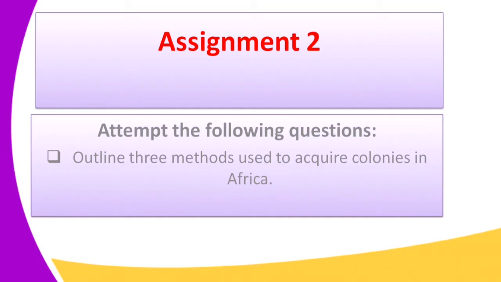We have in Tanganyika, resistance against the Germans, that is the Maji Maji rebellion, among many others. So the communities that were not ready to accept the Europeans were subjected to military conquest. These are the methods that I wanted you to give in this question.